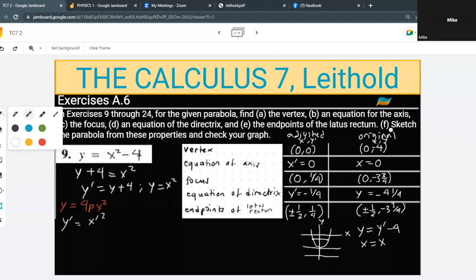Okay, negative 3 and 3/4. Ayun. Okay, ngayon, so okay na yan, no? Let's now go to the next exercise.